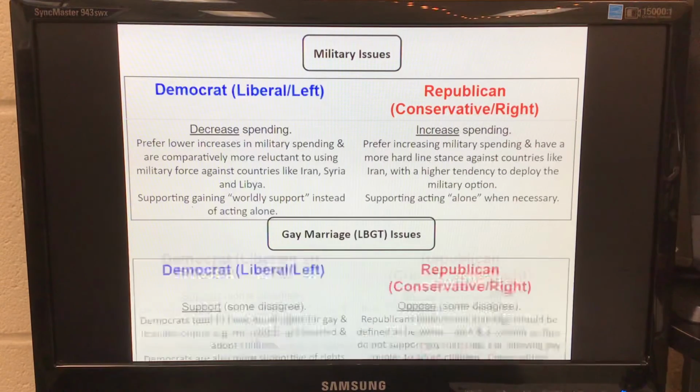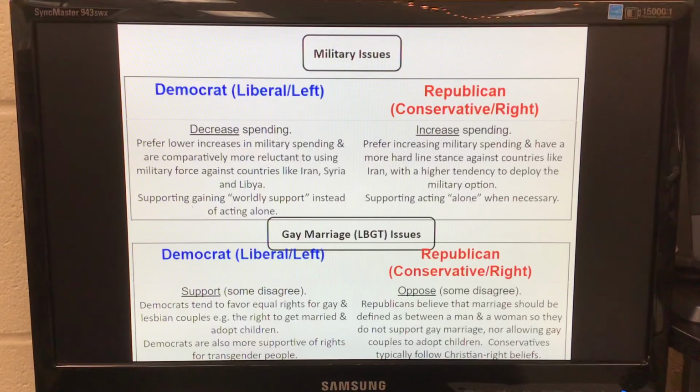All right, gay marriage and LGBT issues. The Democratic Party tends to be more supportive of those issues than the Republican Party. Okay? In the Republican Party, there's a large base of members whose ideology is very intermixed with their religion.